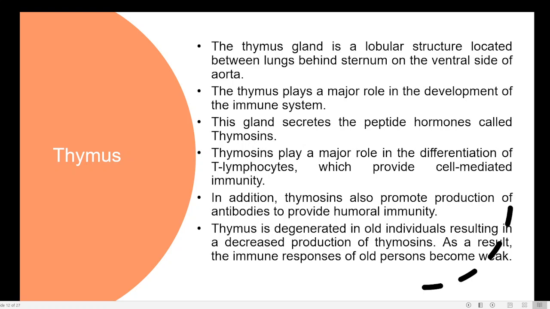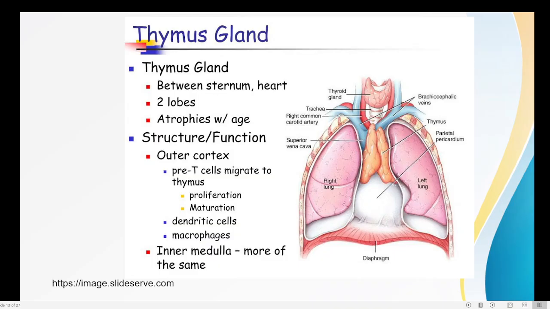The reason is that in older people this thymus gland will atrophy. Atrophy means decrease in size. It becomes smaller. So that is the peculiarity of the thymus gland. Thymus gland will be shrinking with older age, and that means a lesser amount of thymosin will be produced, and that means its influence on antibody production and cell-mediated immunity will also decrease.